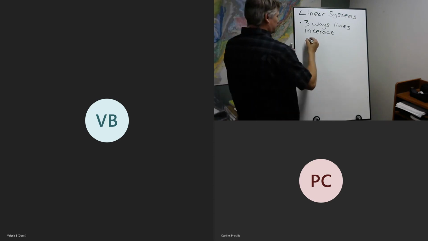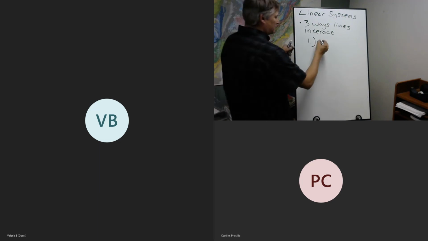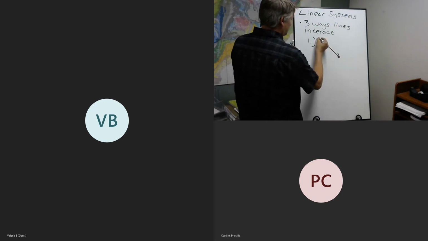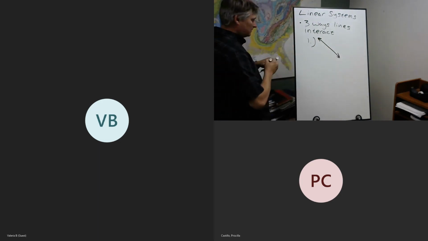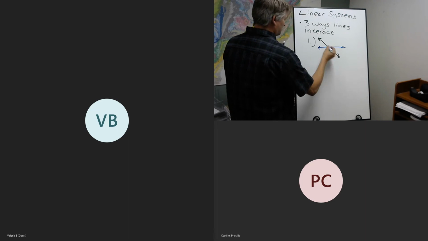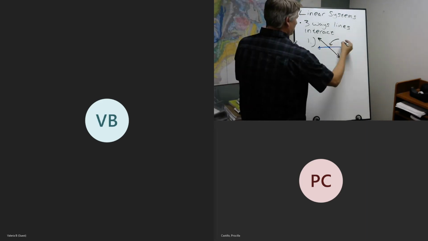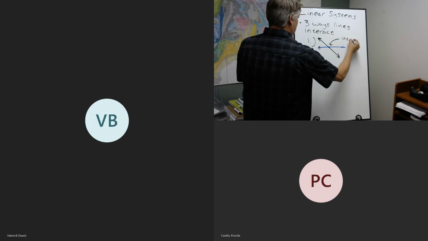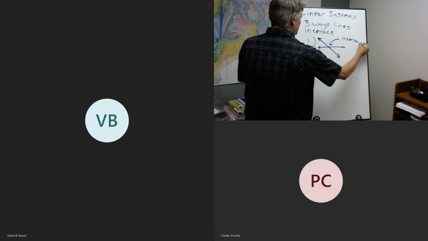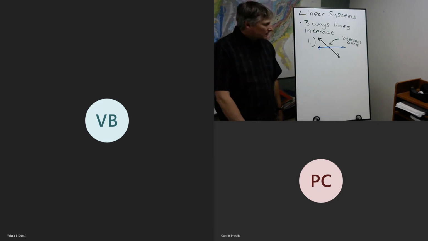The first way is they can intersect. Lines can intersect once.